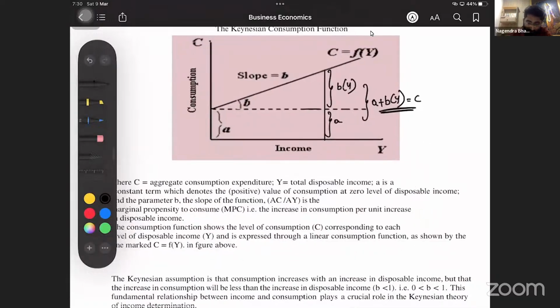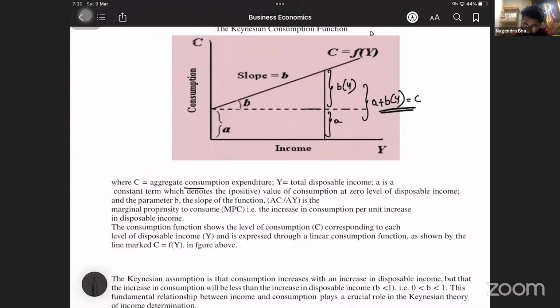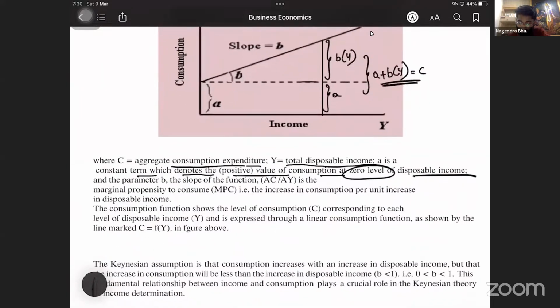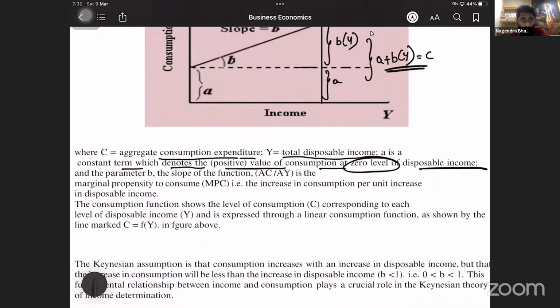So, where C is aggregate consumption expenditure, Y is total disposable income. A is a constant term which denotes the positive value of consumption at zero level of disposable income. Even if your income is zero, there is consumption.